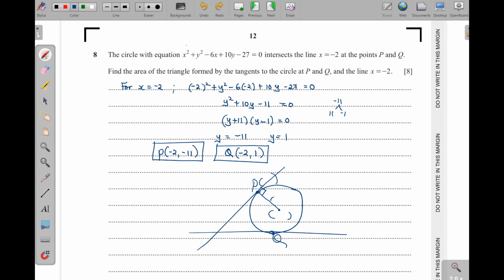And remember, to get the equation of a tangent or a straight line, you need at least one point through which the line passes and its gradient. You see that? So let us complete squares for this one here to find the center.